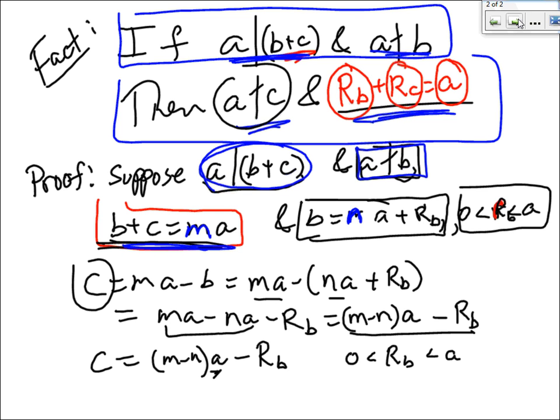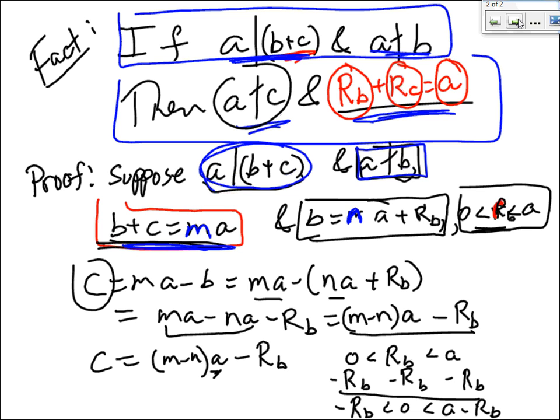Okay? Now, if I take away RB from all sides, I don't care so much about what I just wrote down, but this is less than 0, which is less than A minus RB.